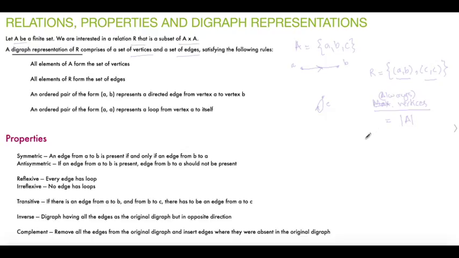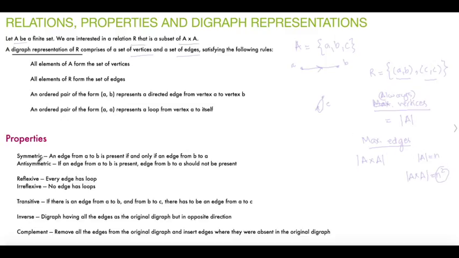What about the maximum number of edges? The maximum number of edges should be the cardinality of A cross A. So if the cardinality of A is equal to n, the cardinality of A cross A is equal to n squared. This is the maximum number of edges we can have.